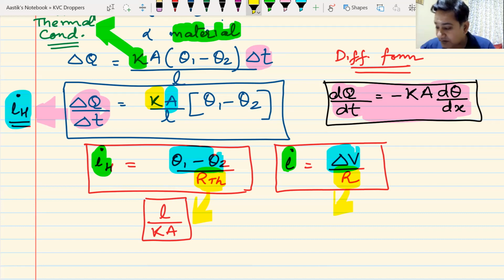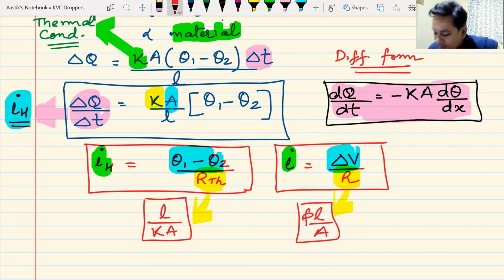Now, if I talk about resistance, I could have written resistance as rho L by A. I hope you remember this, rho L by A. Now, if you look here closely, this L and A are the same here. L is the length, A is the area.